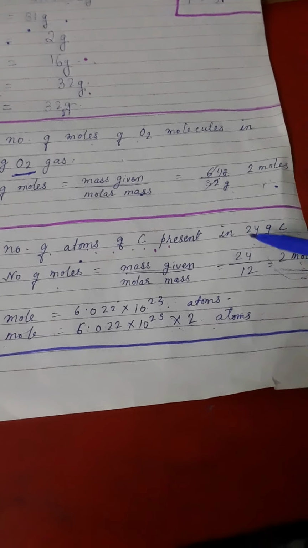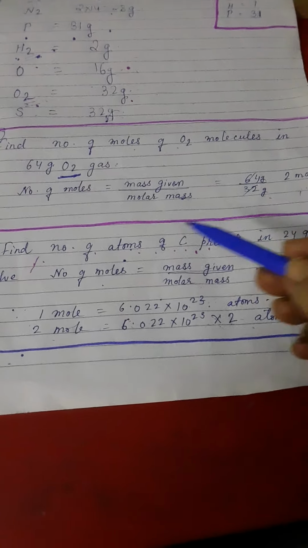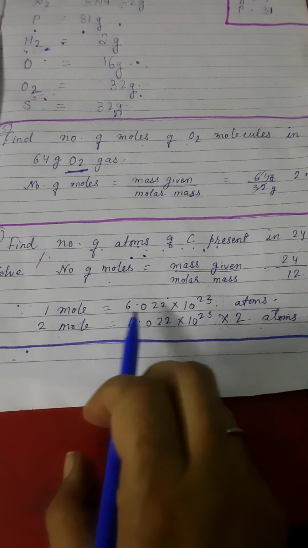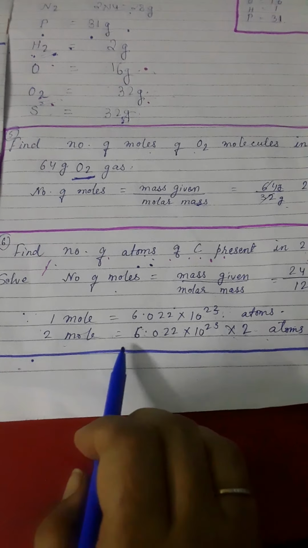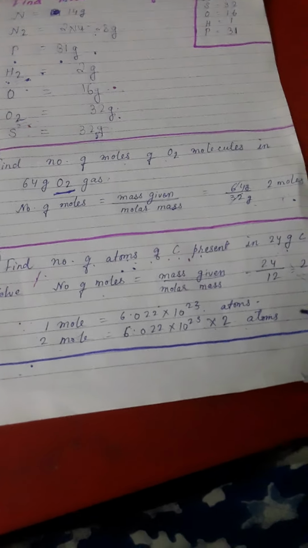That means in 24 gram of carbon, 2 moles are present. As they are asking the number of atoms, we know 1 mole means 6.022 into 10 to the power 23 atoms. Then 2 moles, just multiply it by 2 and you will get the answer. This is the mathematical part you will do on your own.